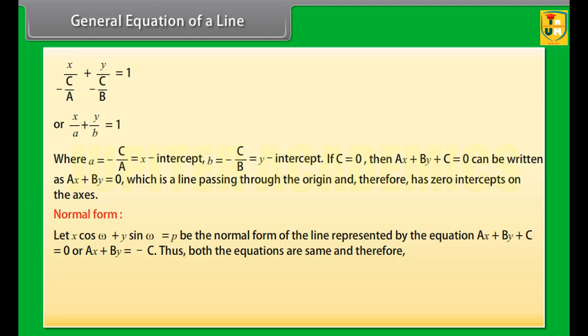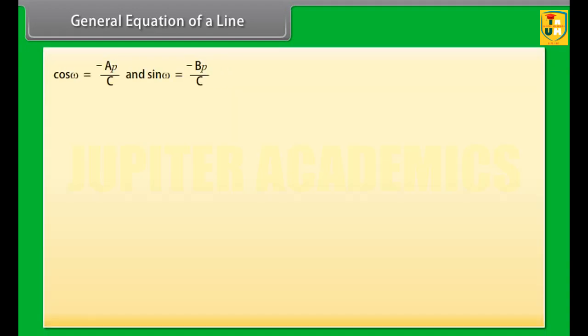Thus both the equations are the same, and therefore a/cos omega = b/sin omega = -c/p, which gives cos omega = -ap/c and sin omega = -bp/c. Now sin square omega + cos square omega = (-ap/c)^2 + (-bp/c)^2 = 1.